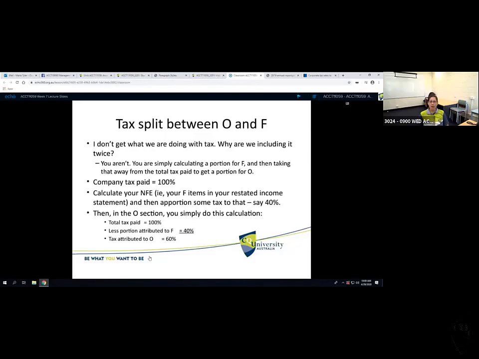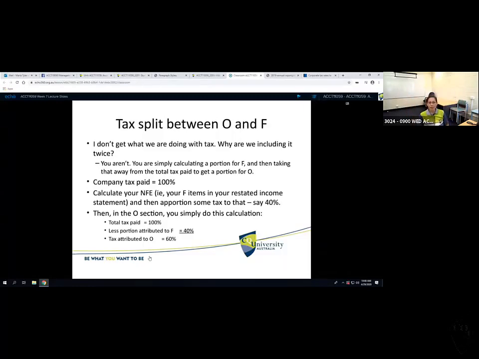All we're doing is calculating a portion that's attributable to financial, and then we just take that portion away from the total tax paid, which we lump under O to start with. Okay, so assuming that your company tax paid is 100%, so it's 1 line from your original financials, and it's 100% of the tax that you paid or 100% of the tax refund that you got.